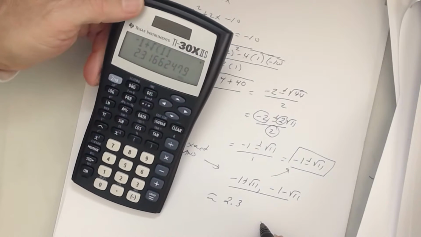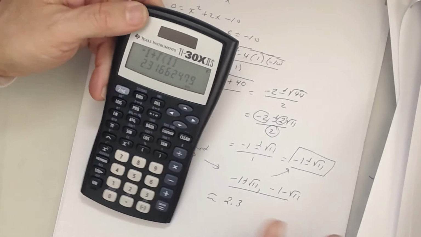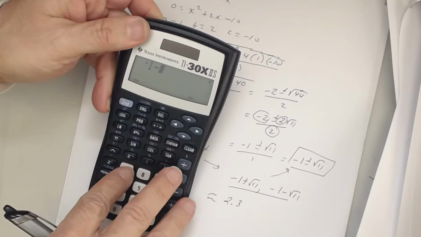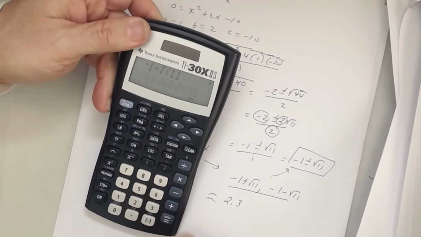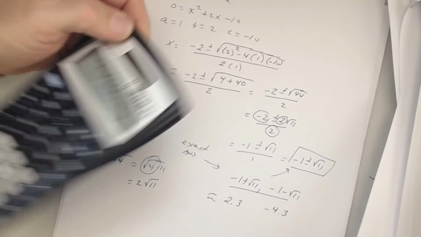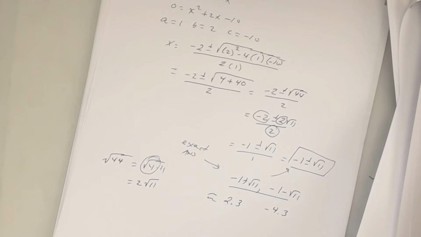And the next one, -1, subtract the square root of 11, press equal, and the other one is -4.3. So 2.3, -4.3. Okay? All right, so that was number 16.